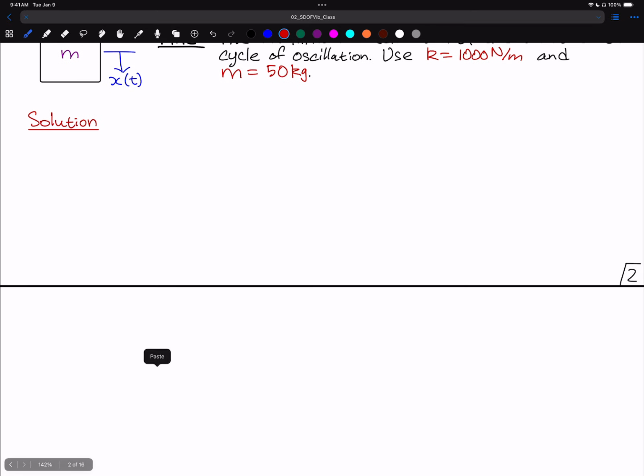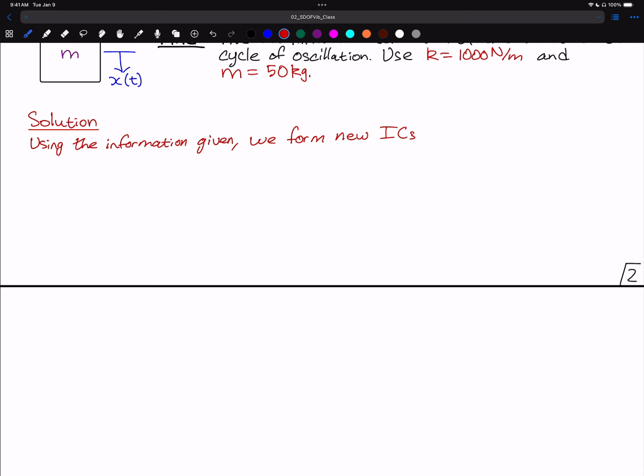So we can say here, using the information given, we form new initial conditions. We're going to abbreviate initial conditions with ICs. And we're going to say here that x of 0 is equal to 0.